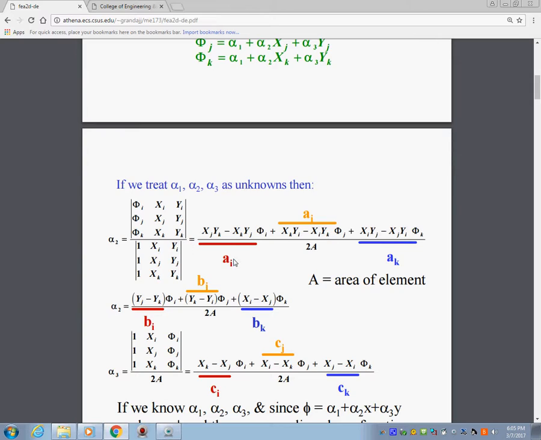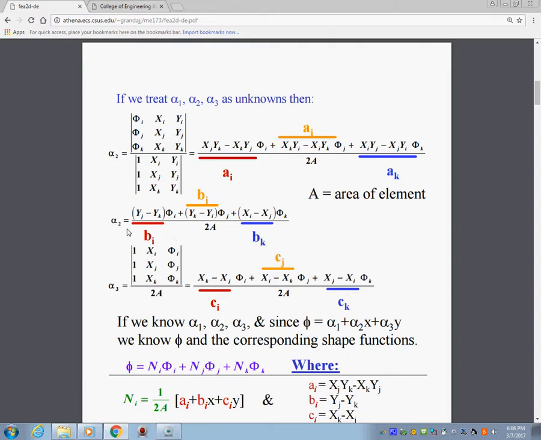Then you have phi sub k times the minor, and then you have it here. Okay? So these are for the first one, alpha 1: phi sub i, phi sub j, and phi sub k.